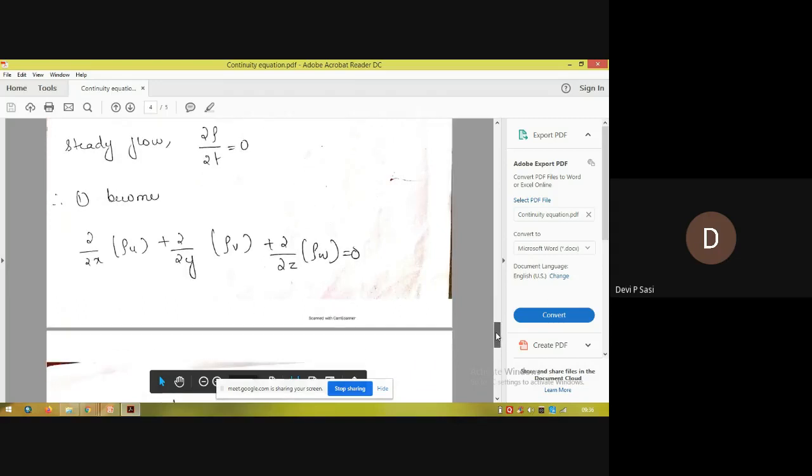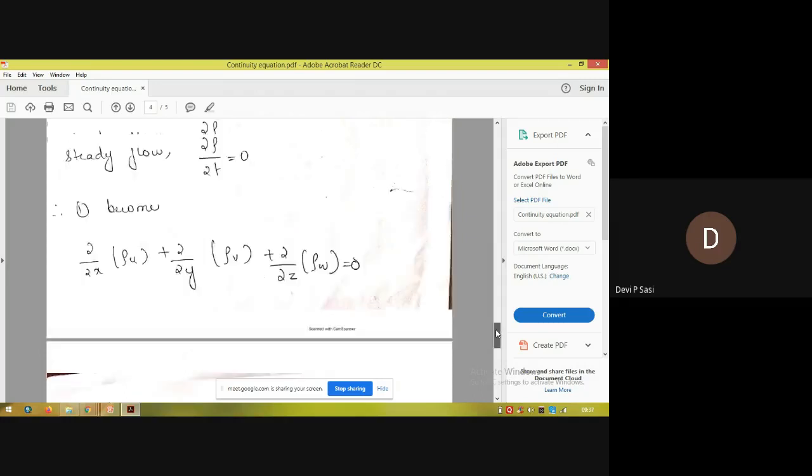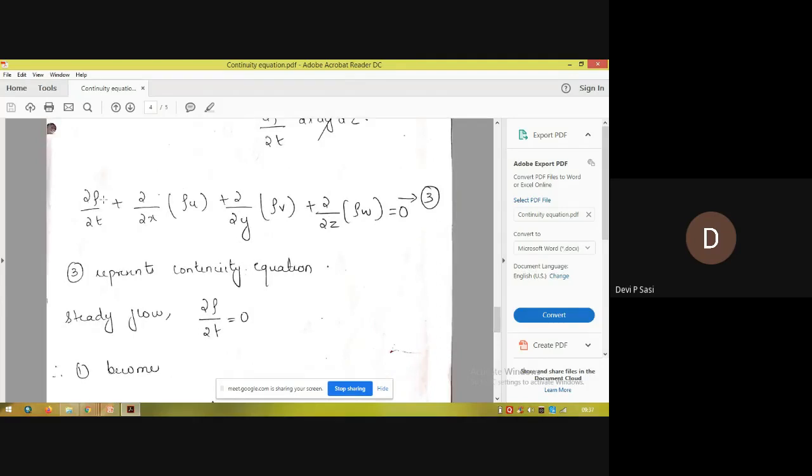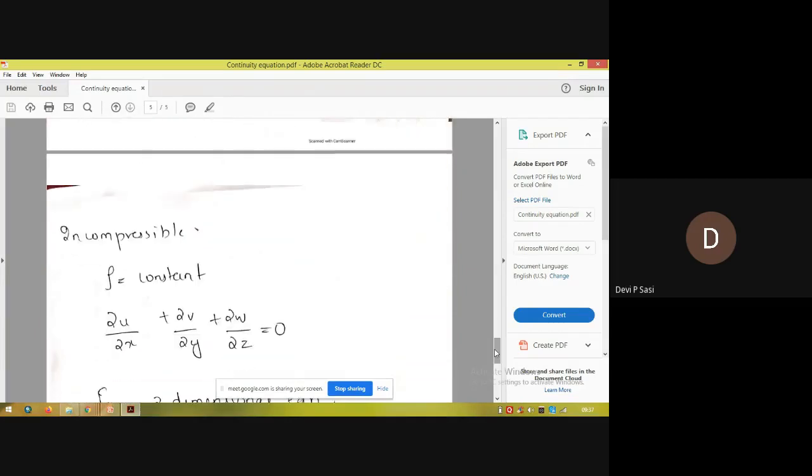Then, if it is an incompressible flow, density is constant. The first term vanishes, and from the rest of the terms, rho vanishes. So the equation becomes dou u by dou x plus dou v by dou y plus dou w by dou z is equal to 0.